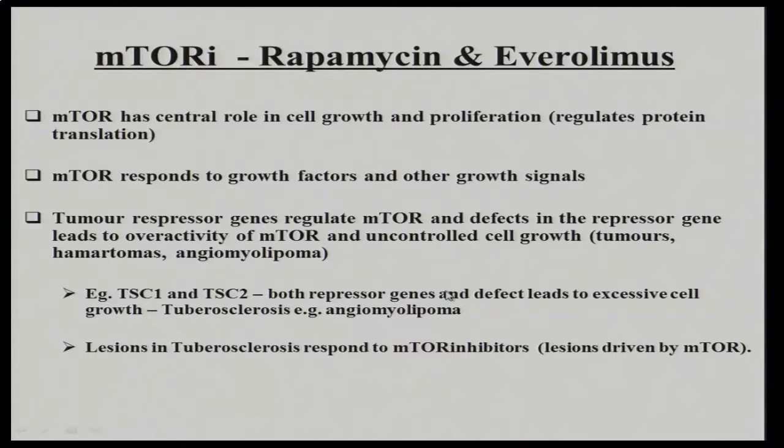That then leads to overactivity of mTOR, which leads to tumour growth. And so it's got a specific use in angiomyolipomas and other tuberous sclerosis-related tumours through this mTOR pathway, which is specifically overactive in these patients due to the repressor genes being defective.